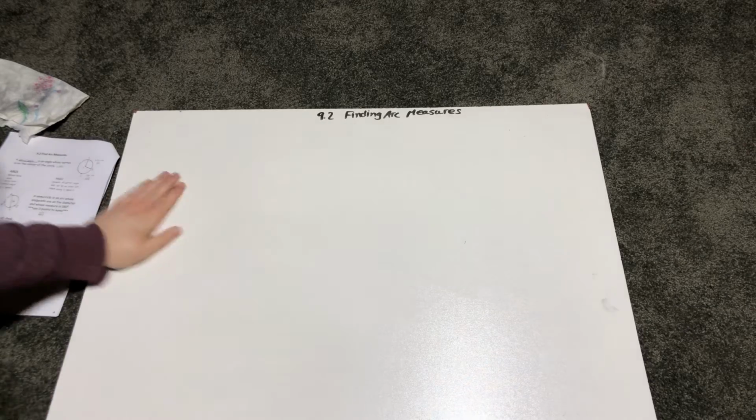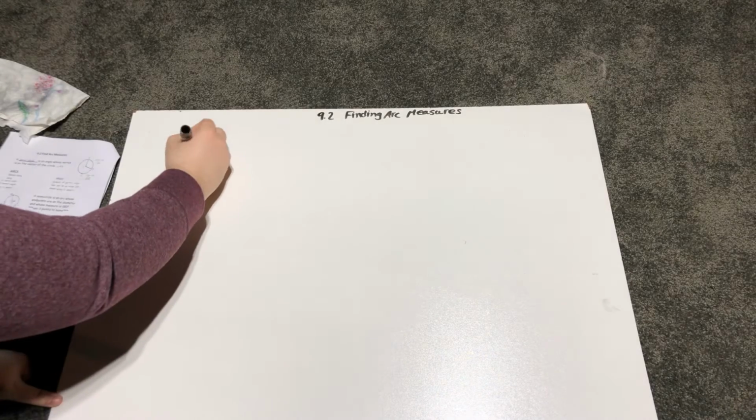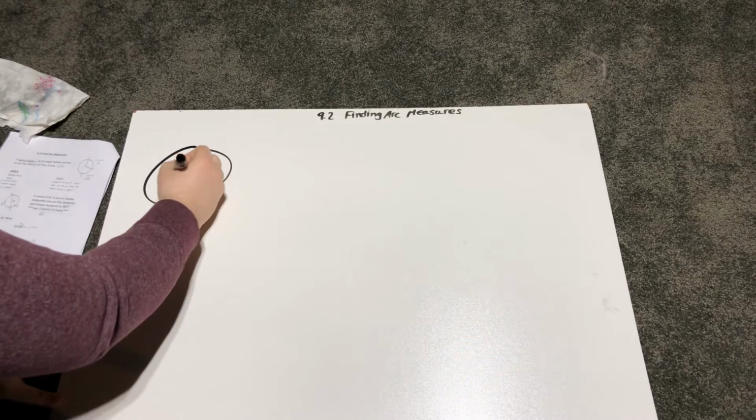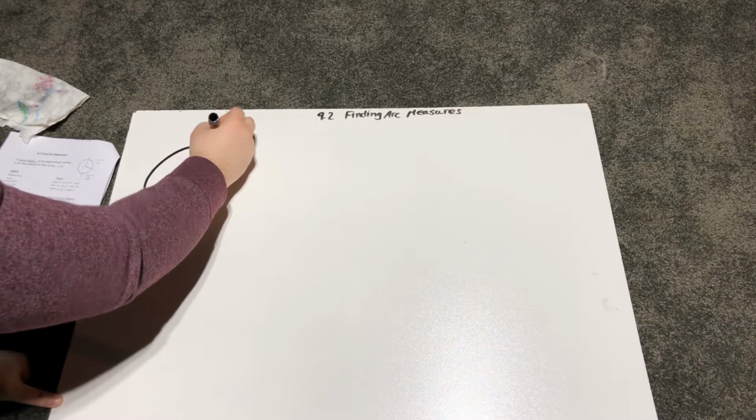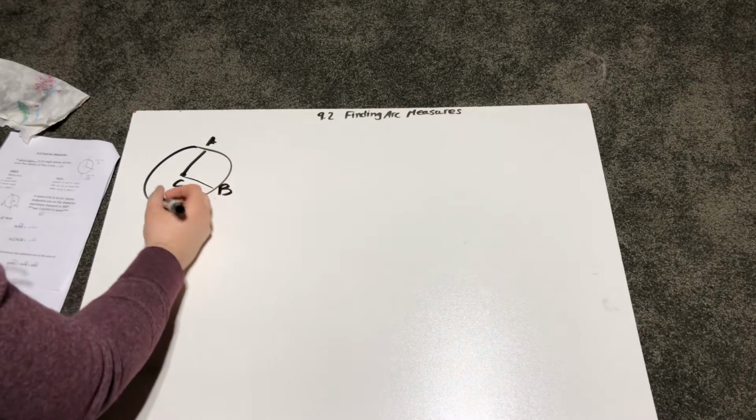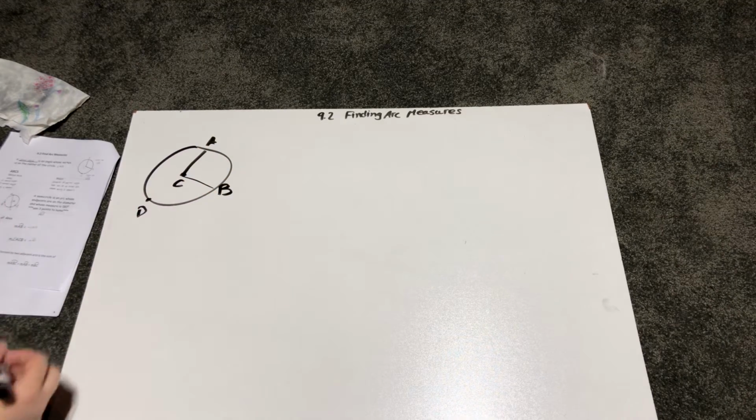All right, let's talk about measures of arcs. It's not too bad. Got a circle, with the vertex of C. We'll have A, we'll have B, and we'll have D right here.